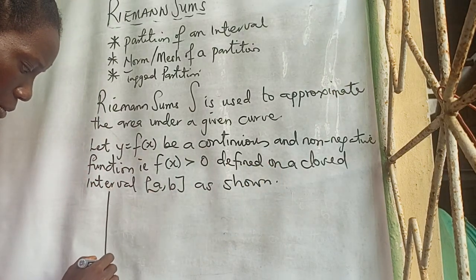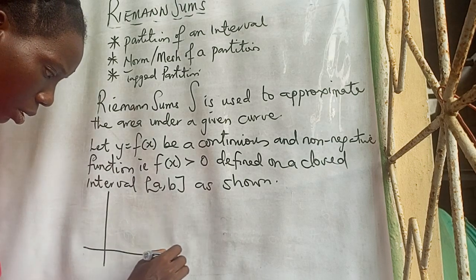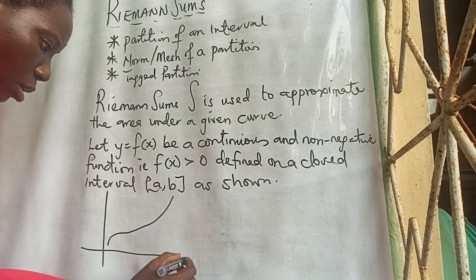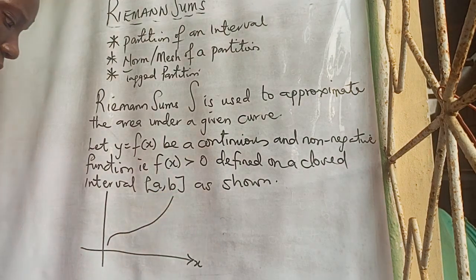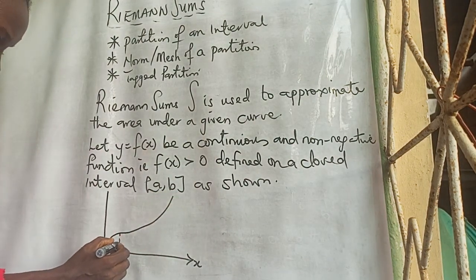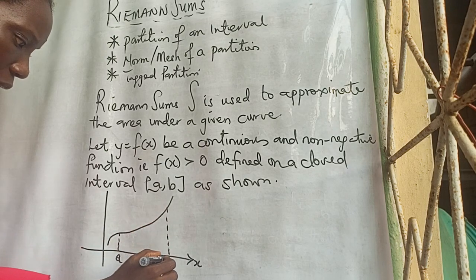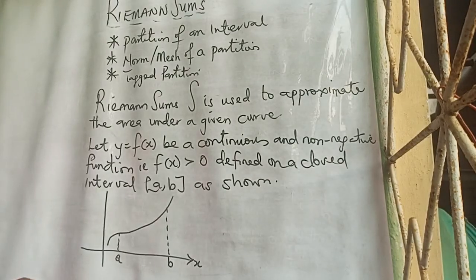For example, that is our x-axis, that is our interval A, and that is the interval B.